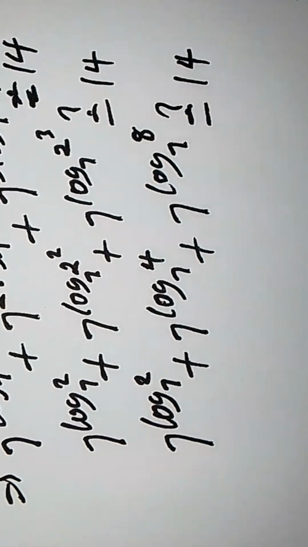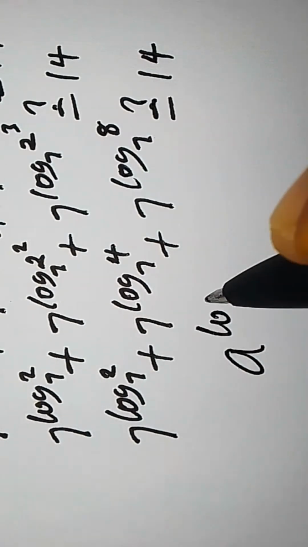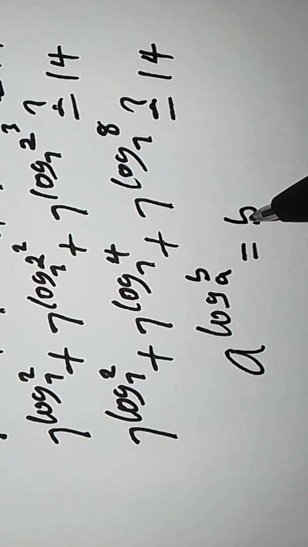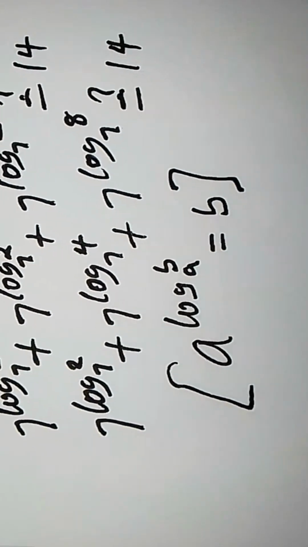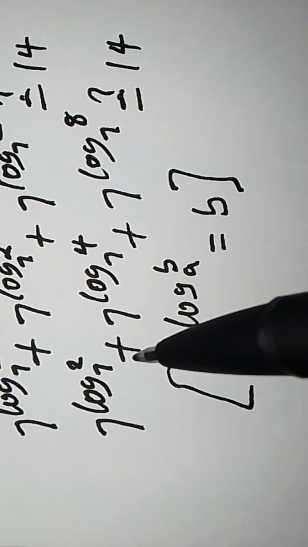Let's proceed further. At this stage, let us recall a very nice property. It says a raised to log b base a is equal to b. This is the property. What we have to do now is to apply this particular property to each of these guys.